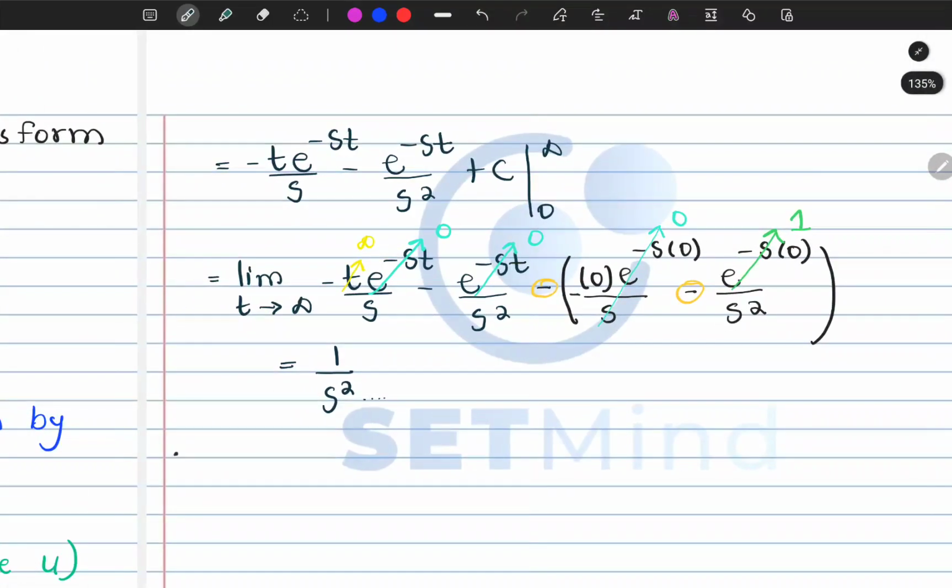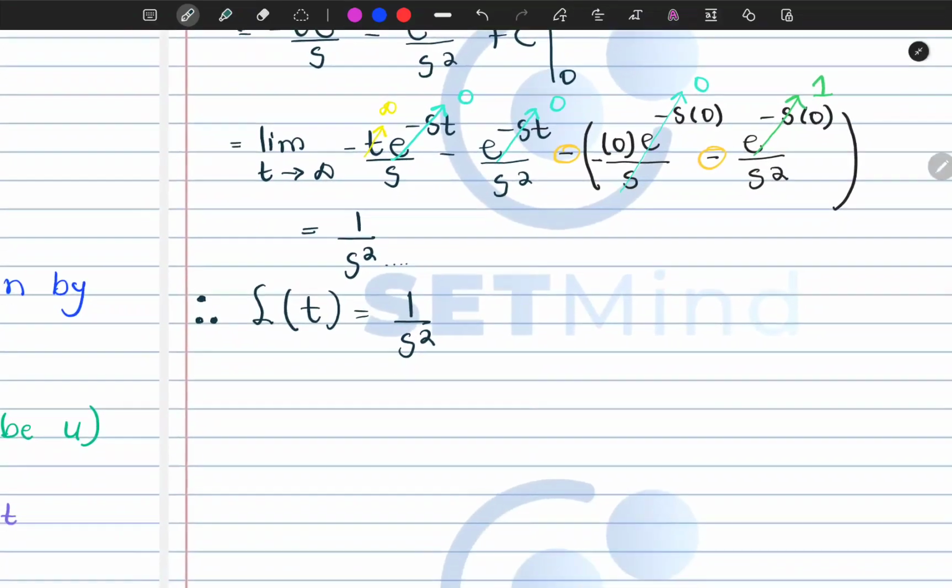Therefore, whenever we're looking for the Laplace transform of t, our answer will always be 1 over s squared. You can do this for t squared, t cubed, t to the 4, the 5, the 6, and so on.